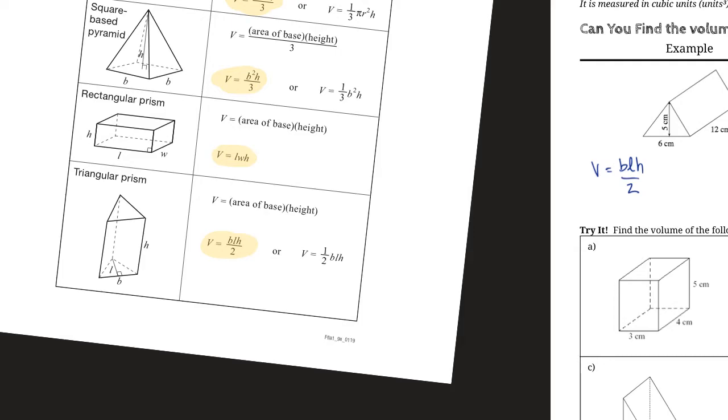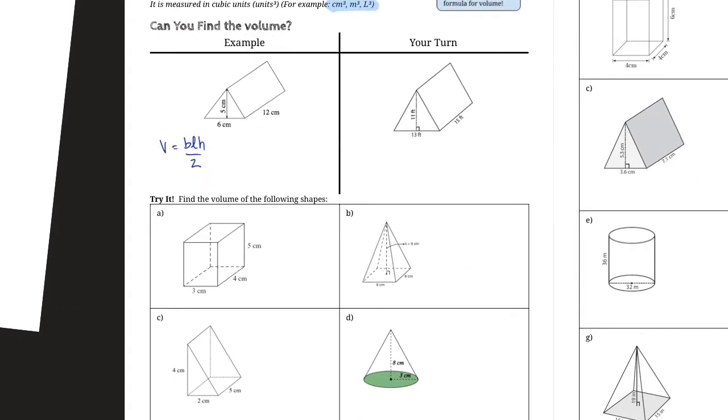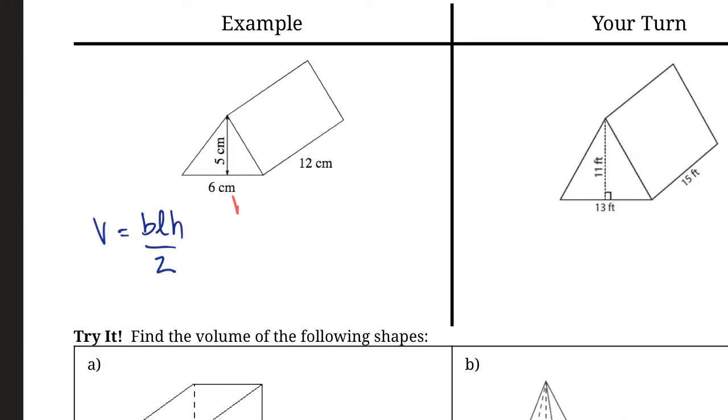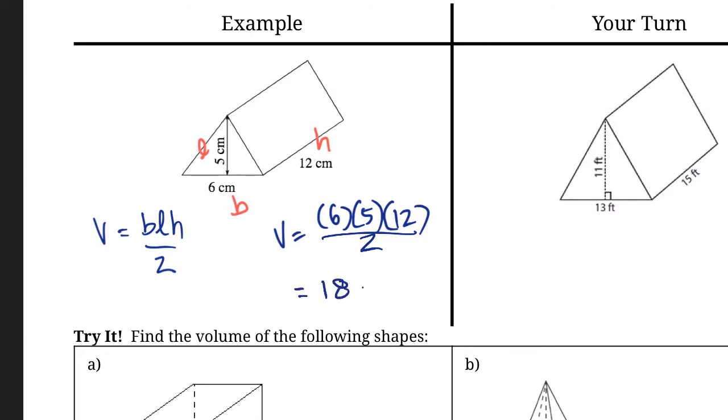So on this, this is the B, this is the L, and this is the H. We can just substitute all those numbers into our equation. So our V is going to be B, which is 6, times L, which is 5, times H, which is 12, all divided by 2. If we calculate that, it should come out to 180.